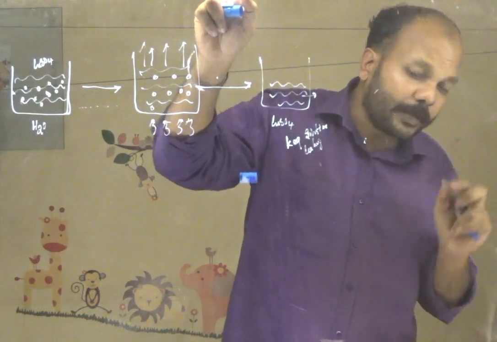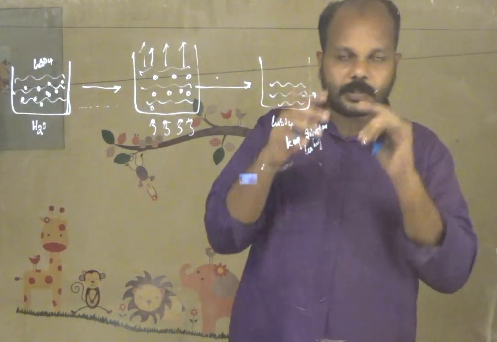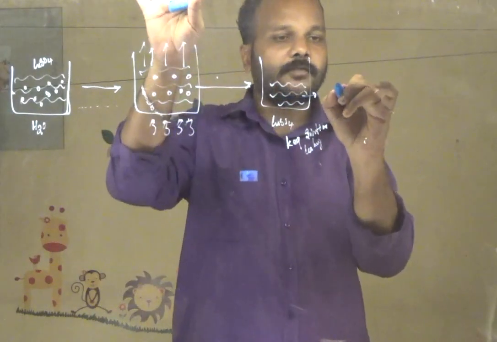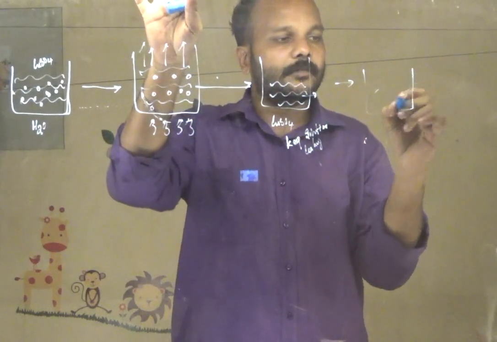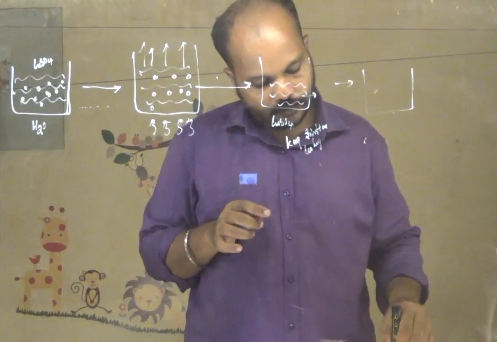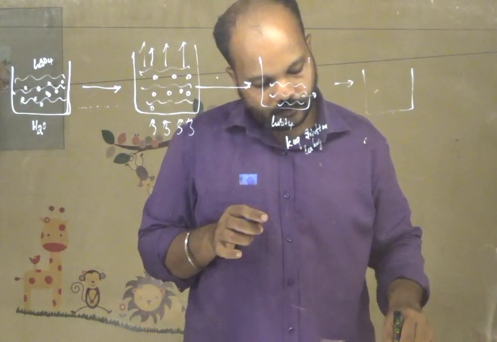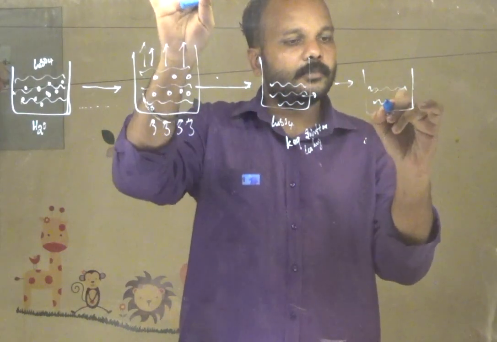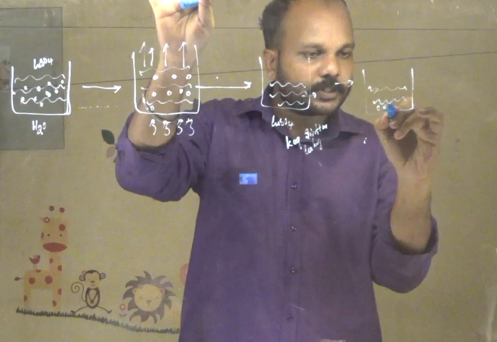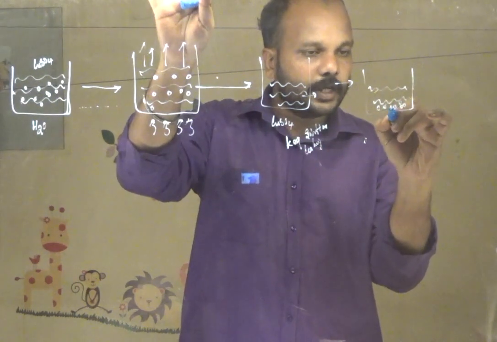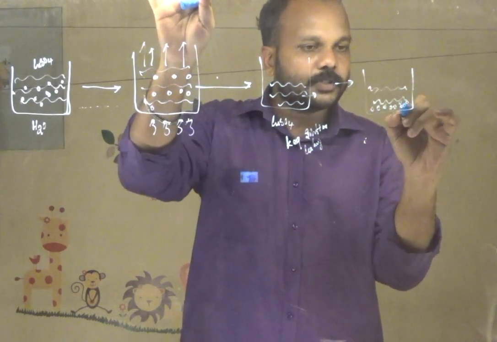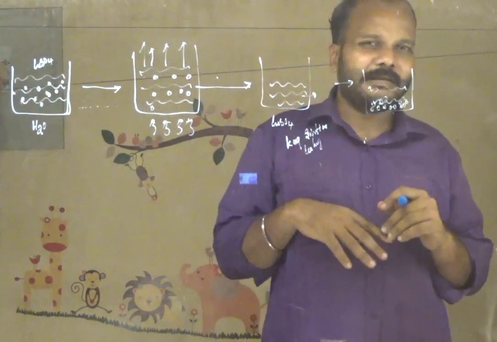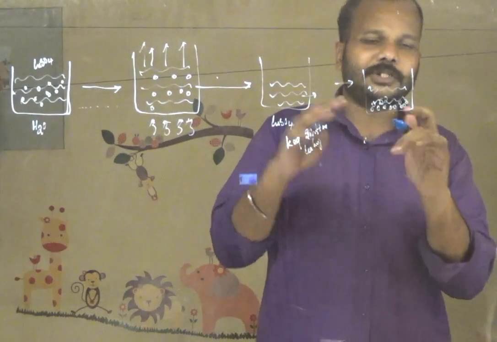Now keep it for cooling for some time, and after some time you can see the copper sulfate slowly getting separated out. The solution will become very dark as it separates out.